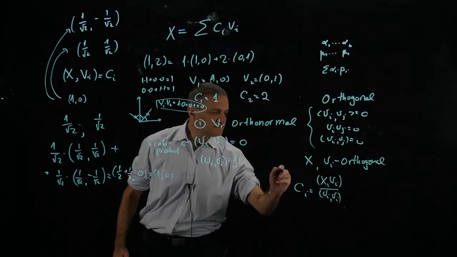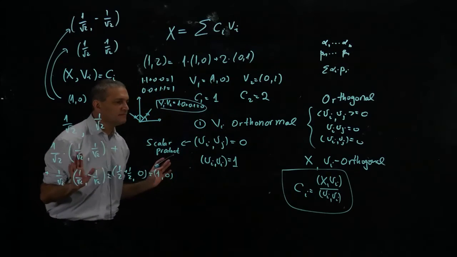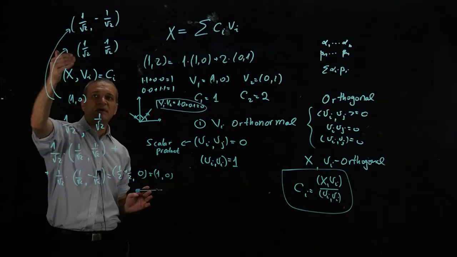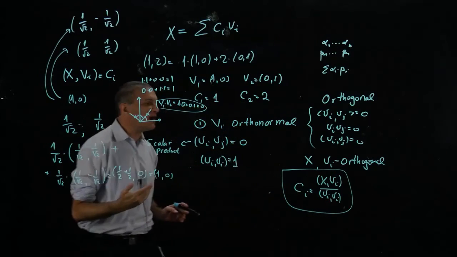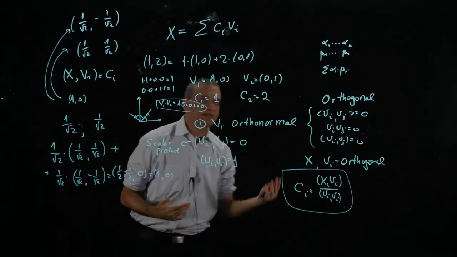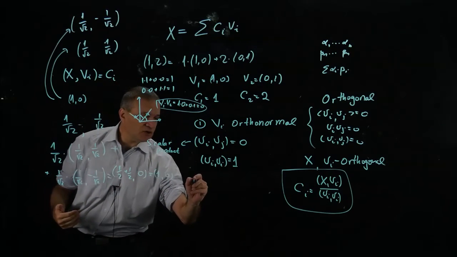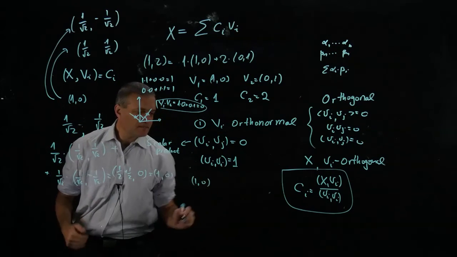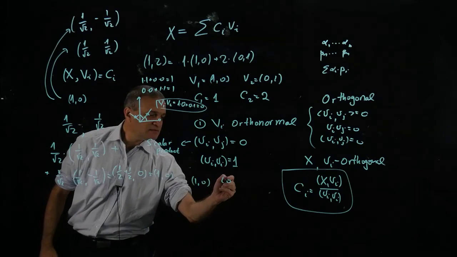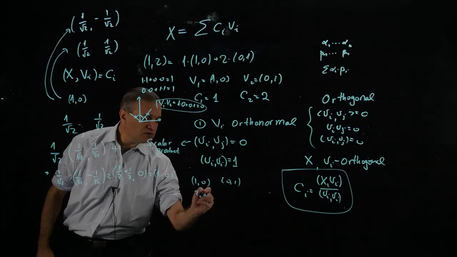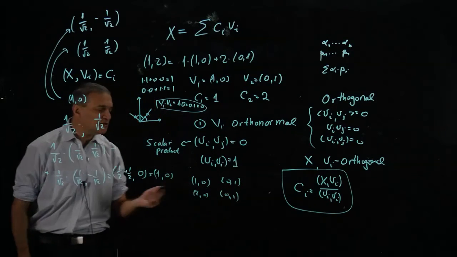That's all. That's it. So it's the same as here, but you just divide by the scalar product of the basis element with itself. So for example, instead of (1, 0) and (0, 1), you would get maybe (2, 0) and (0, 1), right? So this is an orthogonal basis.